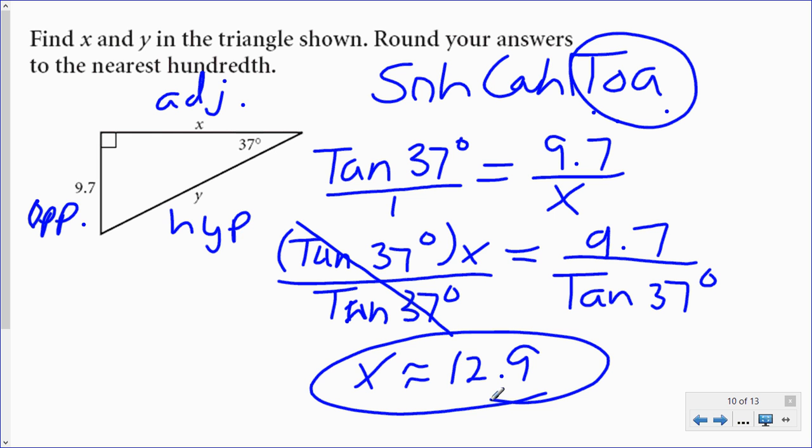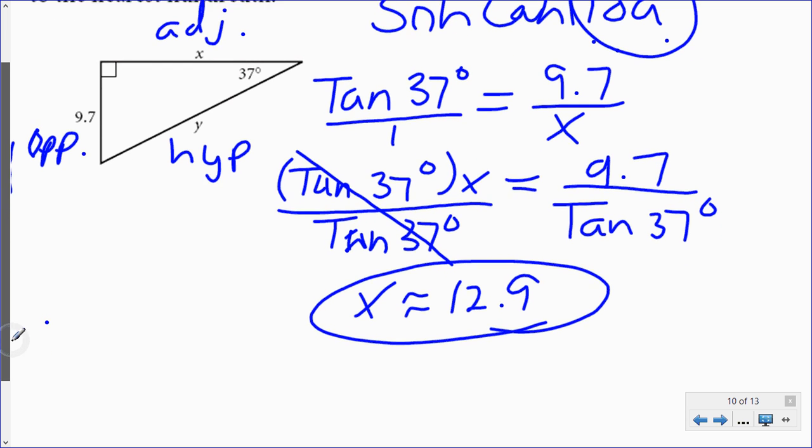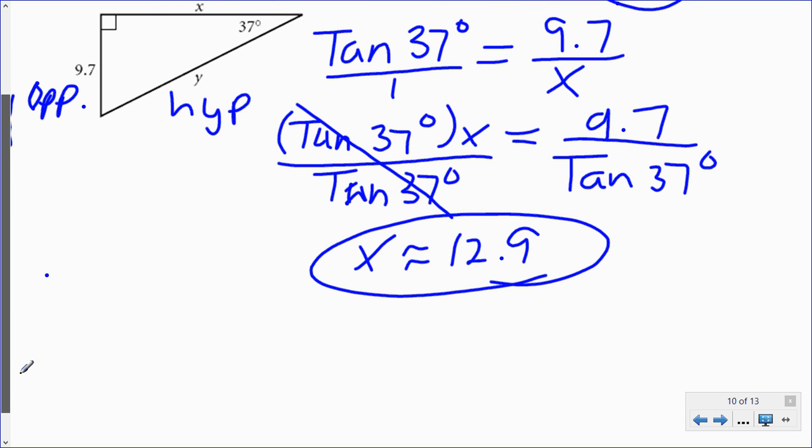Now, in order to solve for y, at this point you actually have a couple options. Since you know two sides now, you could use the Pythagorean theorem to find the third side. But let's practice with the trig ratios again. So if we want to solve for y, this time we're going to use hypotenuse and opposite, or opposite and hypotenuse.